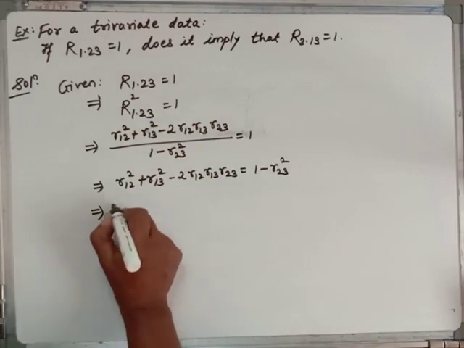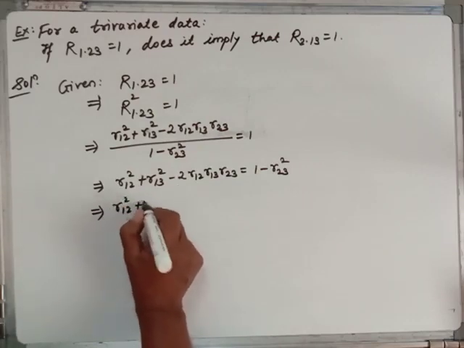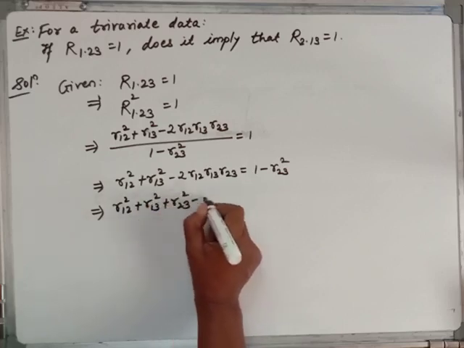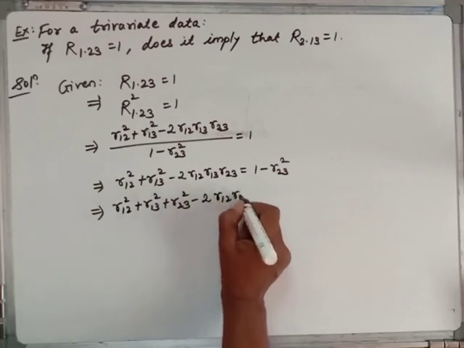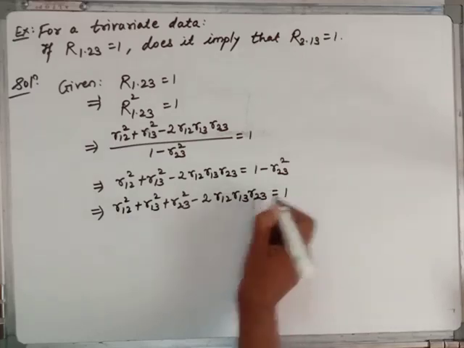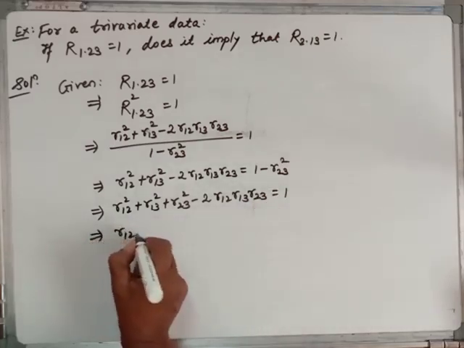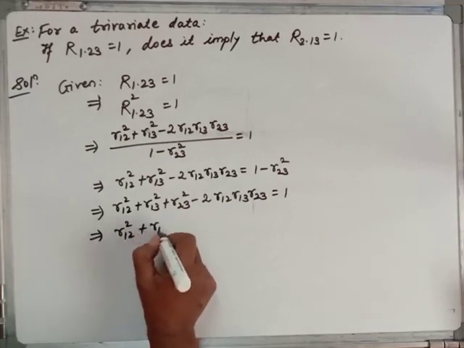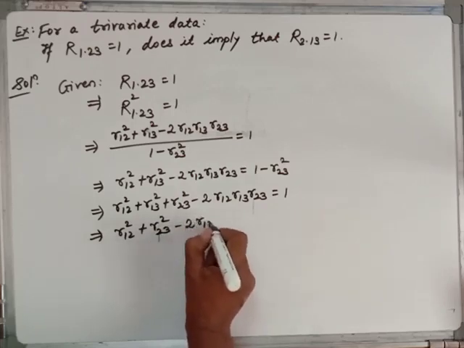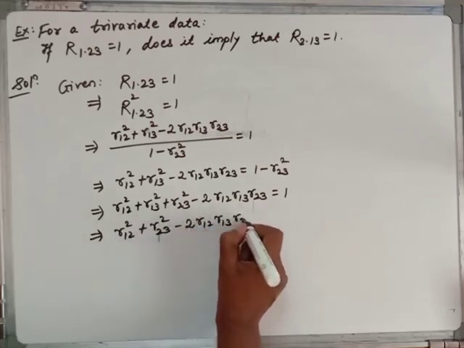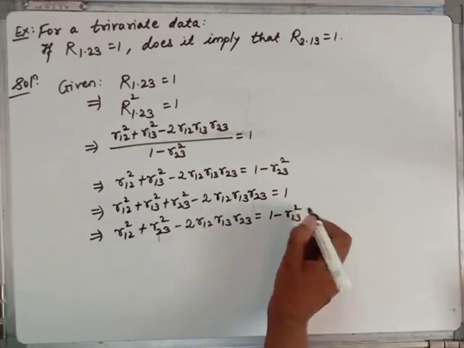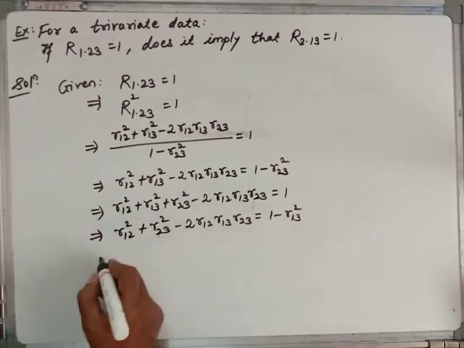So first of all, R12 square plus R13 square plus R23 square minus 2 R12, R13, R23, and that is equal to what? 1. So we can write it as R12 square plus R23 square minus 2 R12, R13 and R23 equal to 1 minus R13 square. So take this at denominator here.